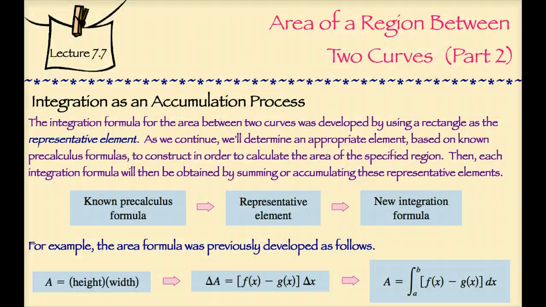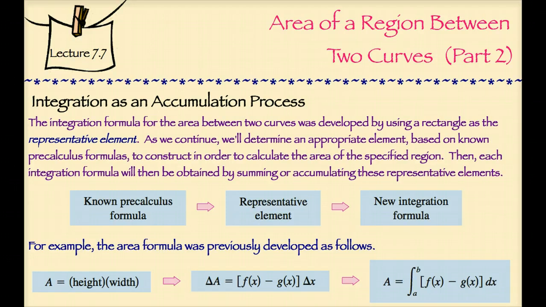In this lecture, we're going to discuss integration as an accumulation process. The integration formula for the area between two curves was developed by using a rectangle as the representative element. As we continue, we'll determine an appropriate element based on known pre-calculus formulas to construct in order to calculate the area of the specified region.